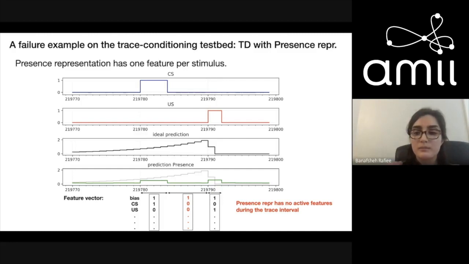But for the trace interval, which is the one in the middle in red, there are no features active other than the bias feature, and so the presence representation does not represent the trace interval. And so that's why this is happening. The prediction that we have is the prediction only using the weight from the bias feature.